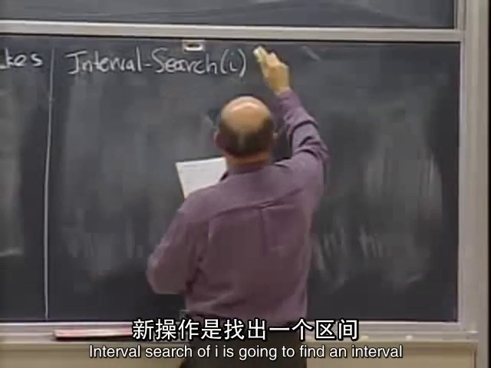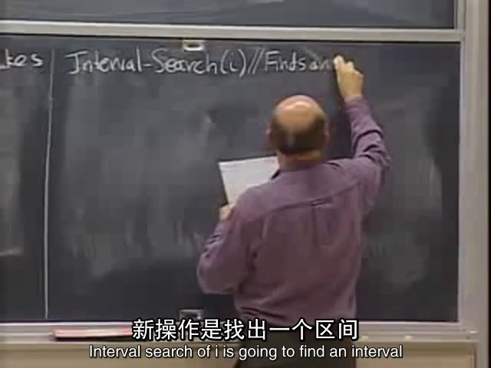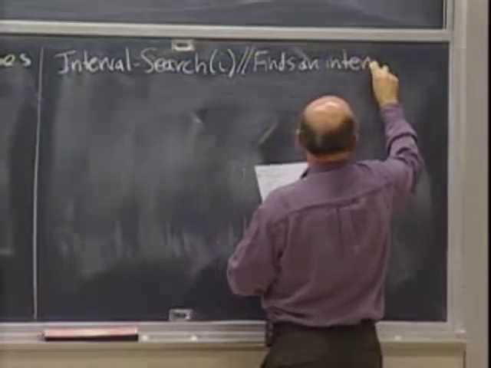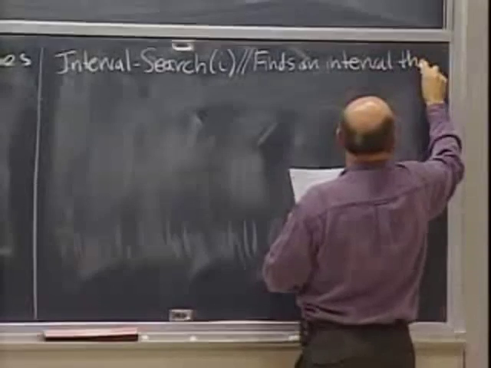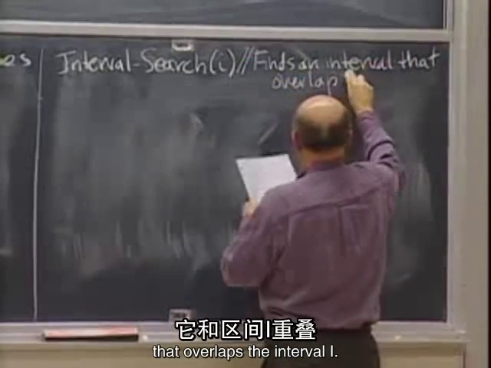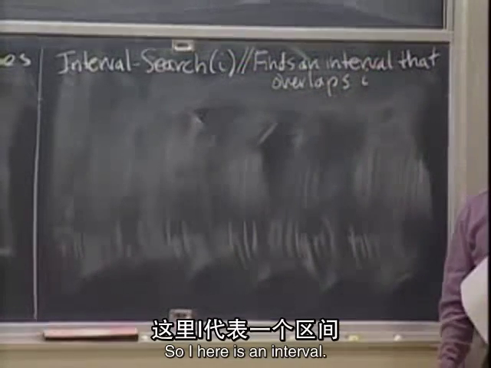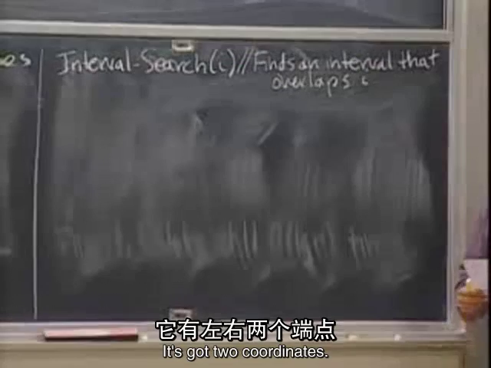So the interval search of I is going to find an interval that overlaps the interval I. So I here is an interval, got two coordinates.